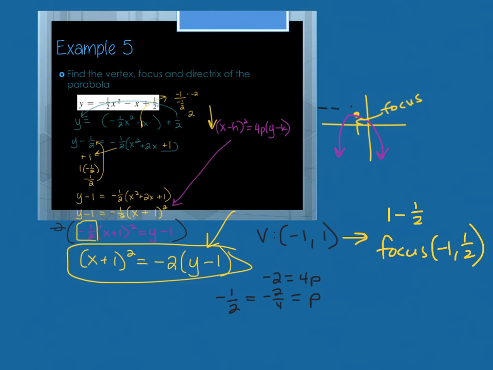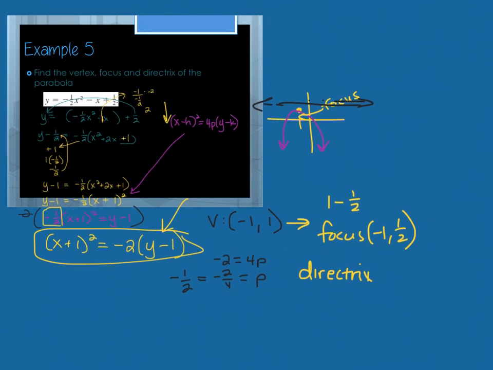And my directrix is going to be a horizontal line that's 1/2 above the vertex. So for the directrix, I have to take the y and add 1/2. So this is y equals 1 and 1/2, or y equals 3/2.